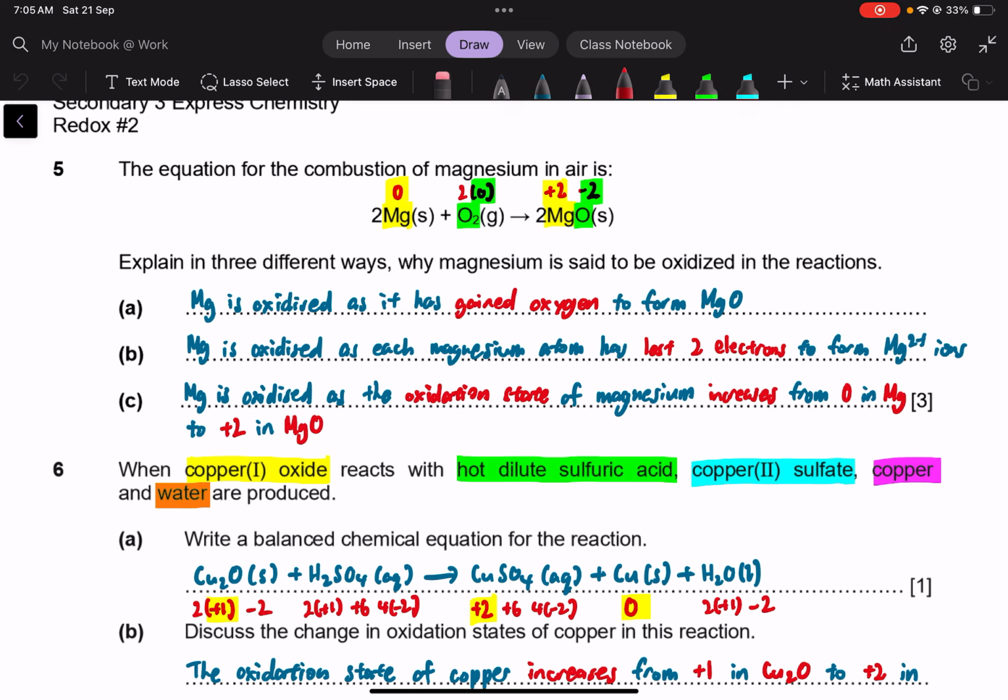And we can also explain it in terms of electrons. It's being oxidized as each magnesium atom has lost 2 electrons to form Mg2+ ions. Then lastly, for oxidation state, we can say that magnesium is oxidized because oxidation state of magnesium increases from 0 in magnesium to +2 in magnesium oxide.